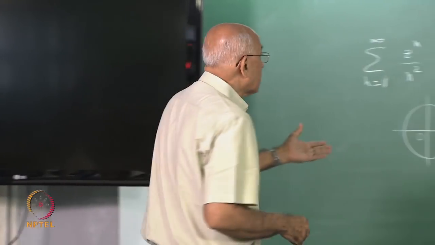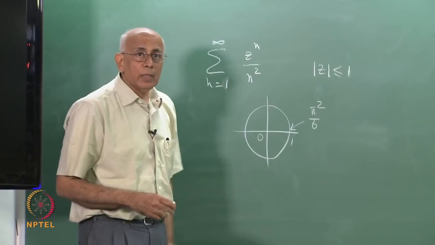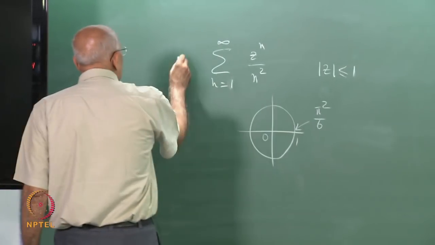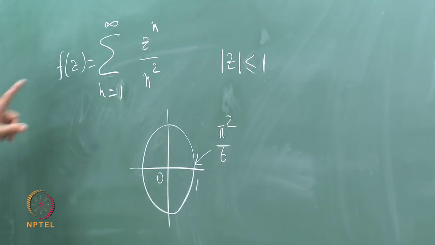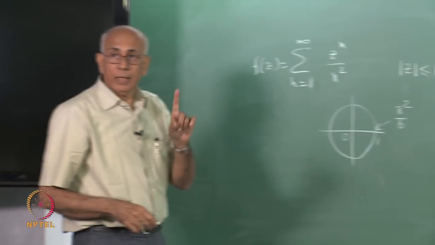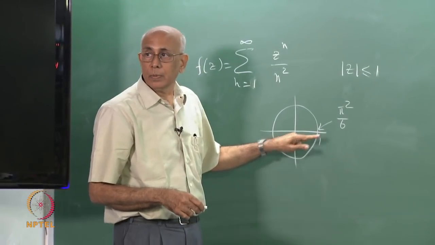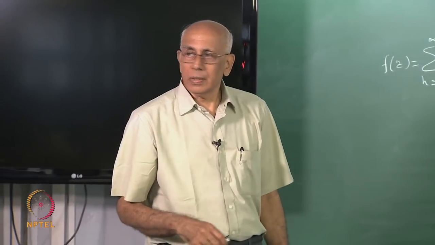But then this looks like it is completely regular, everywhere at all points it converges absolutely, but that is deceptive, because it turns out that if you call this equal to an analytic function f of z, then you can show that f of z has in fact a singularity at z equal to 1. But it is a subtle sort of singularity, and we will see an example of this a little later more carefully.